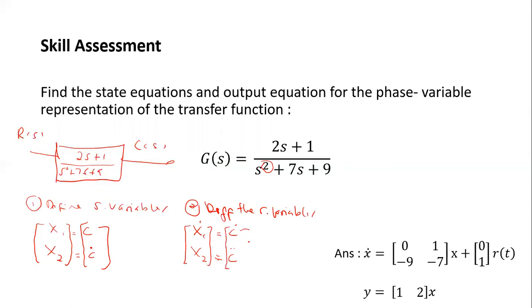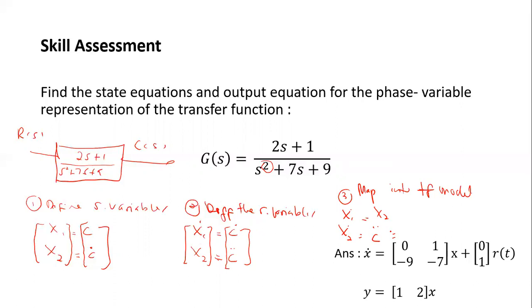The third step is we map it into the equations. What happens here is that x1 dot we map into the transfer function or into the model. So x1 dot equals c dot, which equals x2. Then x2 dot equals c double dot, which equals, okay, we missed the first step here.